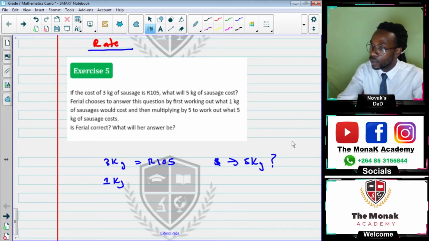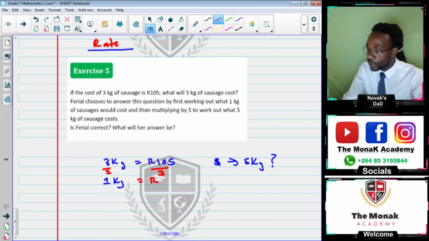It means if we want to get 1, we divide by 3 here. We also have to divide by 3 on the amount. So 1 kg will be 3 into 10 is 3 times. Remember 1. 3 into 15, it's 5 times. So 1 kg is 35 rand.